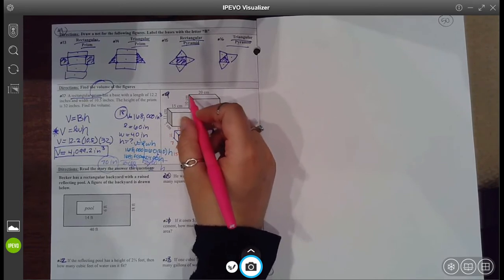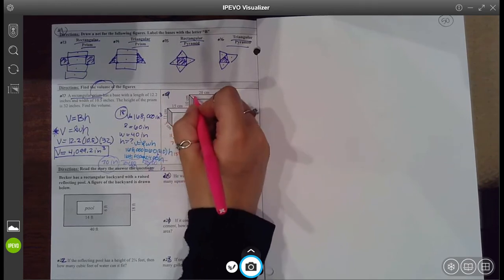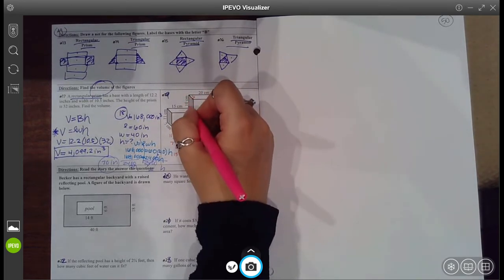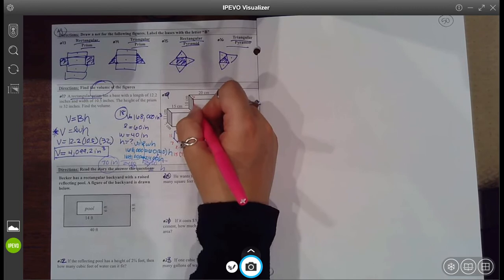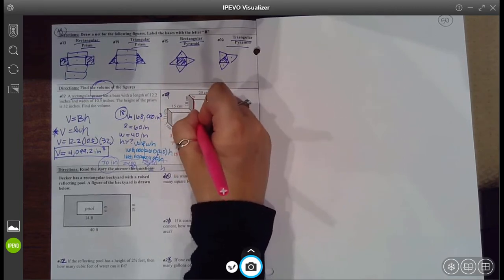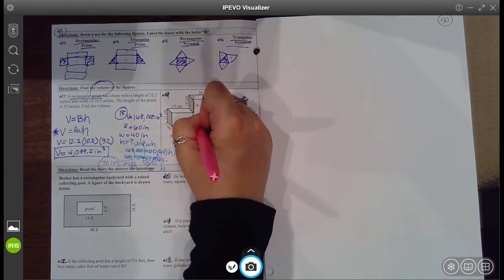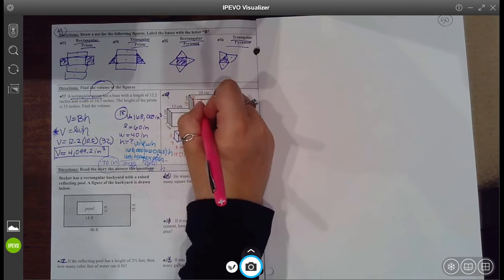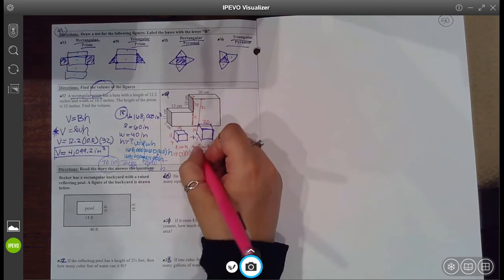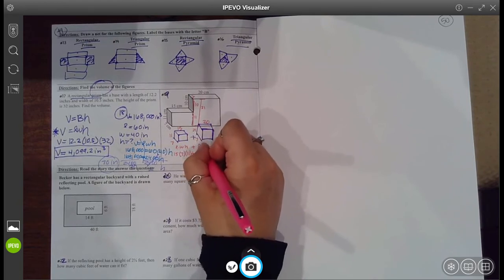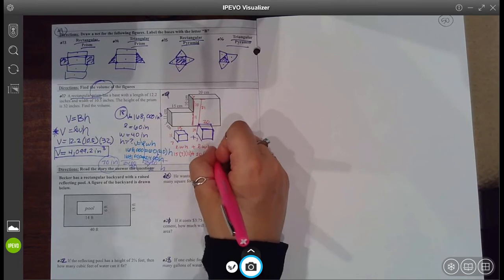The width is the same as this, which is the same as this, which is the same as that. So that's 7. But the height, okay, from here to here is 10, which means from here to here is 10. But what about this part? Well, this is the same as this. So 11 plus 10 makes what for that total height? It would be 21. Okay, so length was 20, width was 7, and that height was 21.